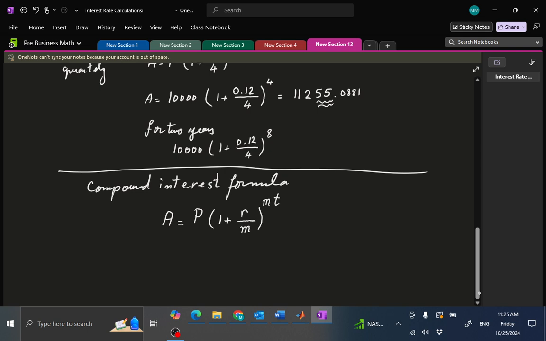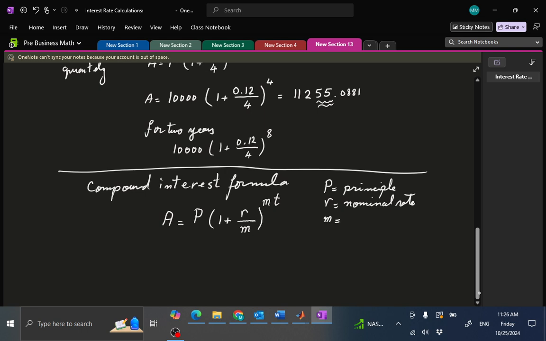So the cast of characters here: P is the principal, R is the nominal rate. We said nominal as opposed to the so-called yield that the banks use.